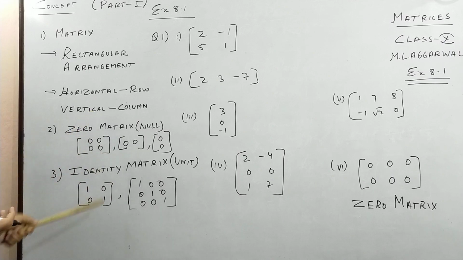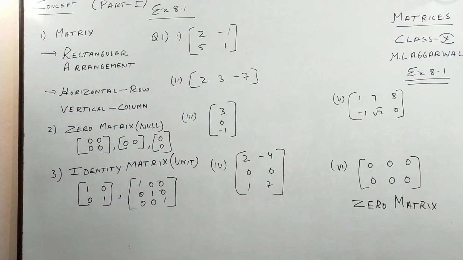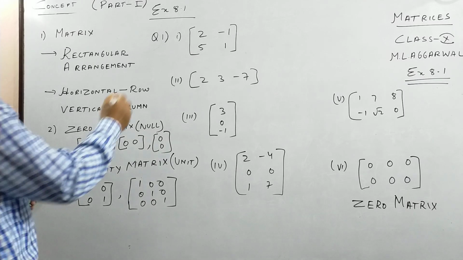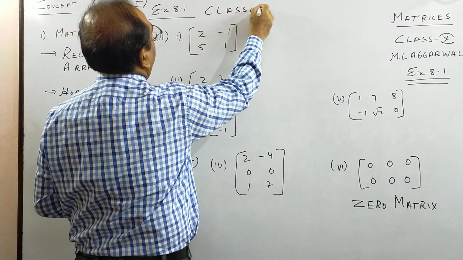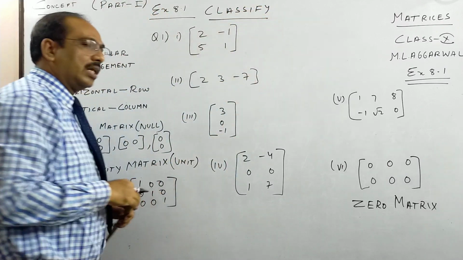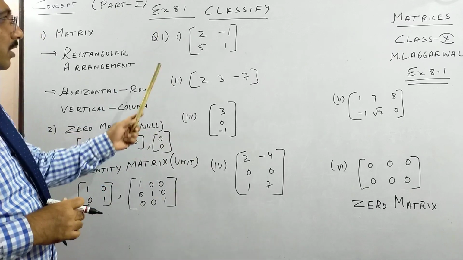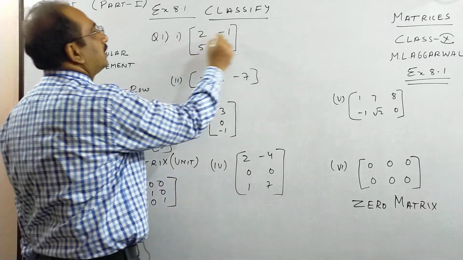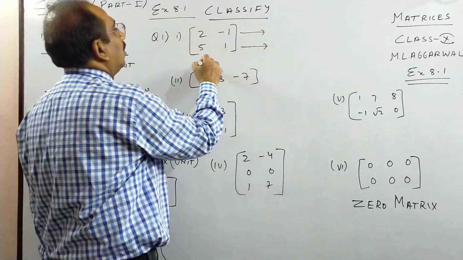So first, question 1 is, you have to classify the following matrices. What are they? I'll start the concept with question 1 of exercise 8.1. Here you see this has 2 rows and 2 columns.